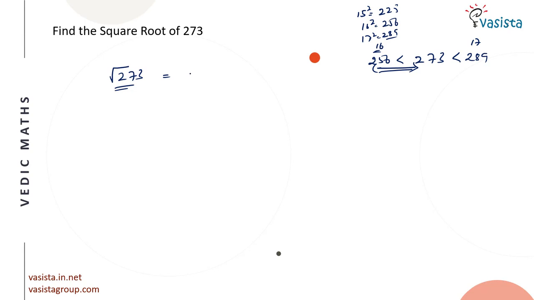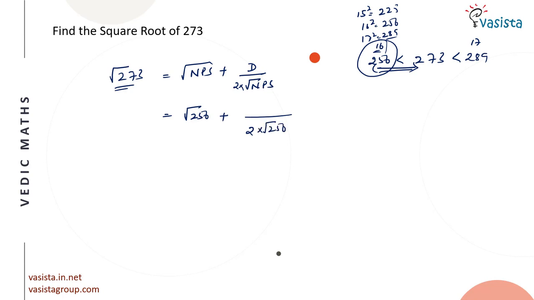Here, square root of nearest perfect square plus deviation that divided by 2 into square root of nearest perfect square. Now I'll take this, that is square root of 256 plus, 2 into square root of 256. Now find the difference of 273 and 256.